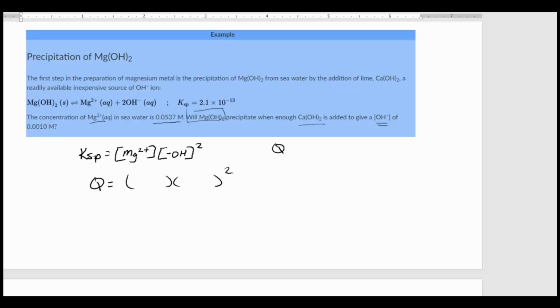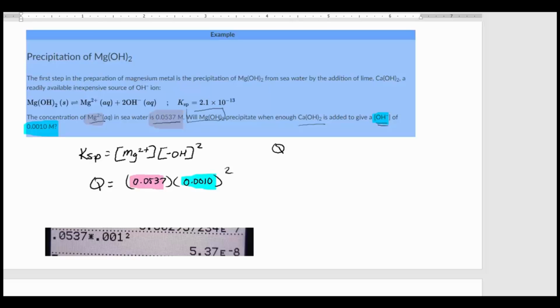So we're told that the concentration of the magnesium is 0.0537. And we are told that the hydroxide is 0.0010. So now it's a matter of solving for Q. When I plug this into my calculator, I get a Q value of 5.37 times 10 to the negative 8.